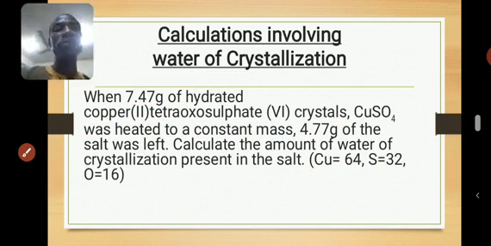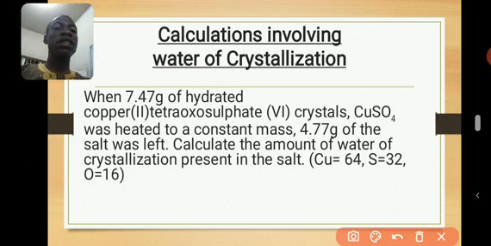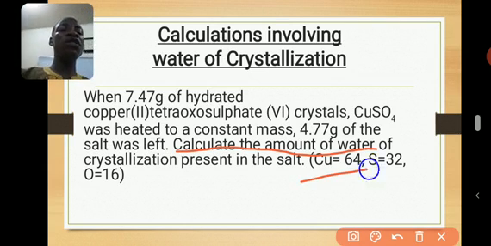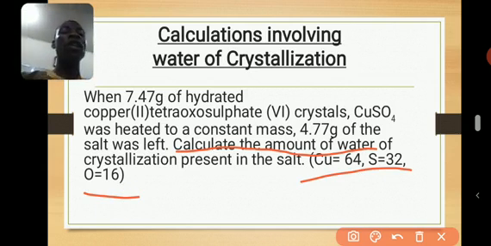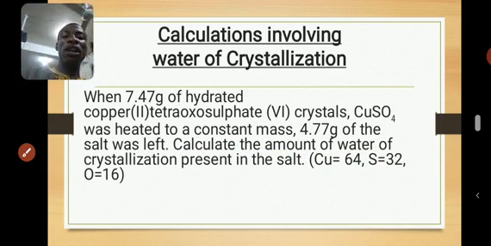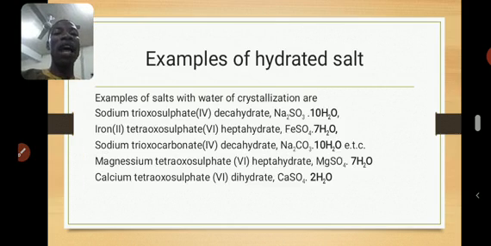Now let us see how to solve the question. The question tells us that we should calculate the amount of water of crystallization that was present in the salt. You will need all these values during the calculations. But before we enter the solution, look at the question very well.